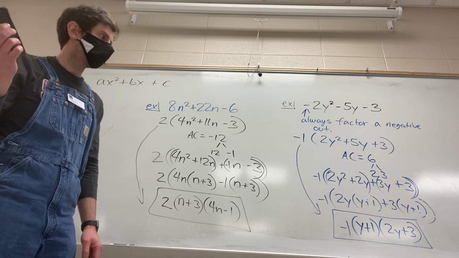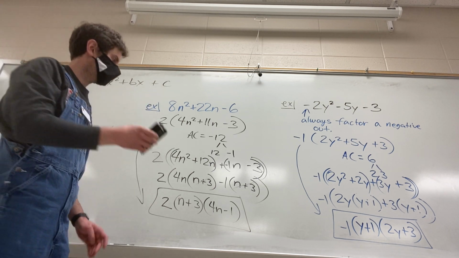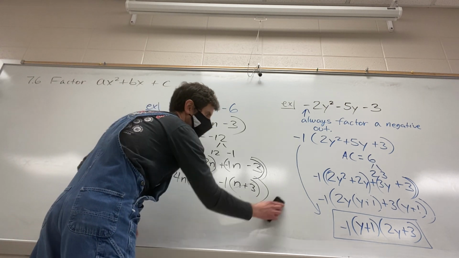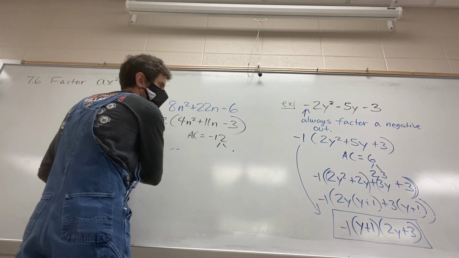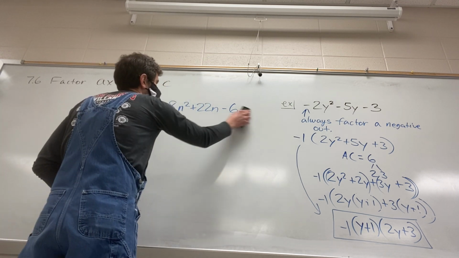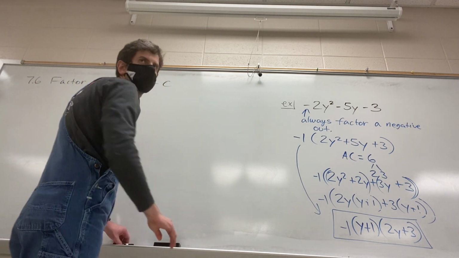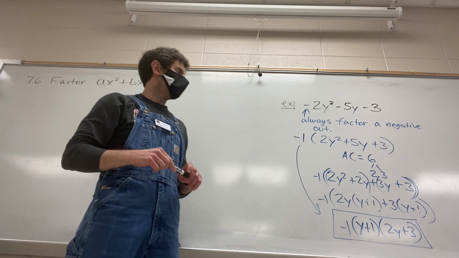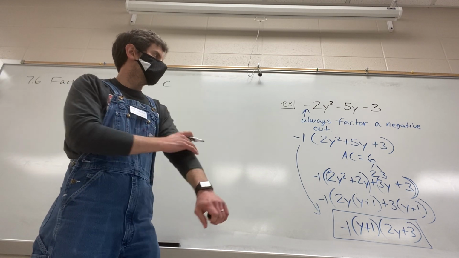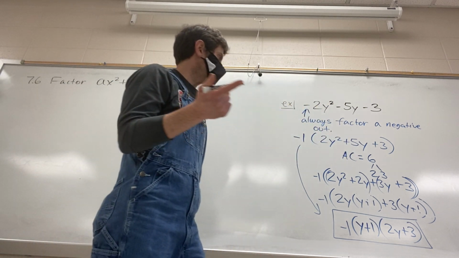It wouldn't. When you get to here, you can factor out y from this part, and you can factor out 1 from this part. Factor out y from there, left with 2y plus 3.